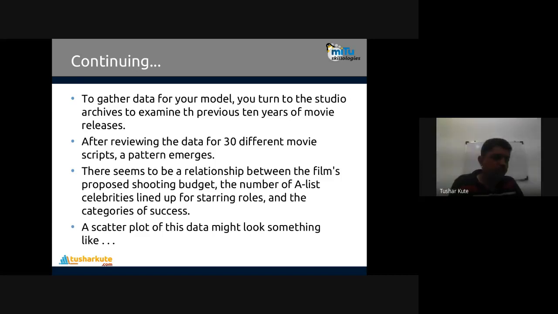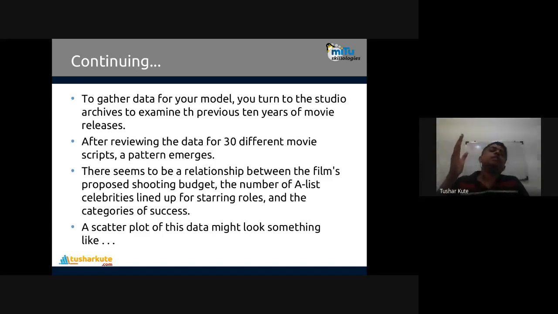For example, after reviewing the whole data, I got 30 different movies' scripts and patterns. Out of 30, 10 are mainstream hit, 10 are critics choice, and 10 are box office bust.